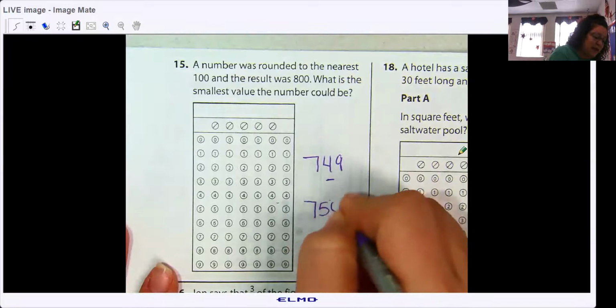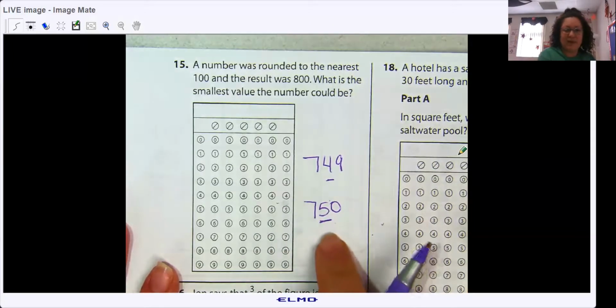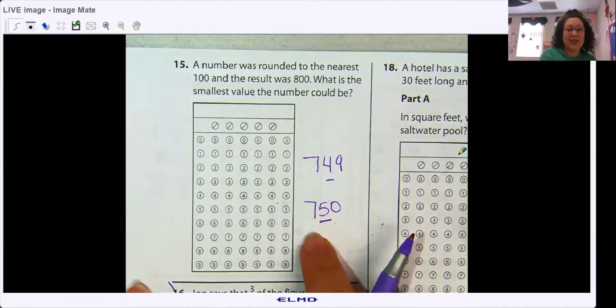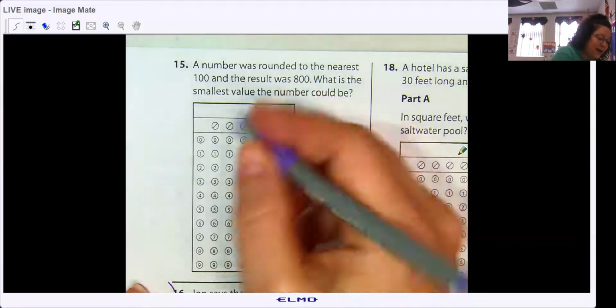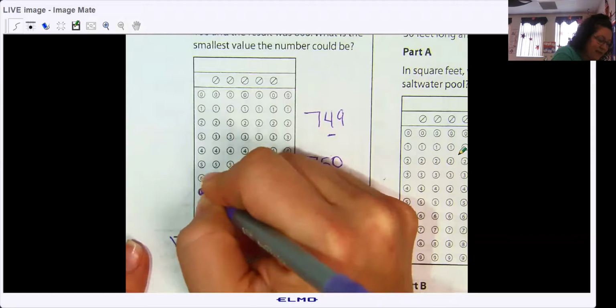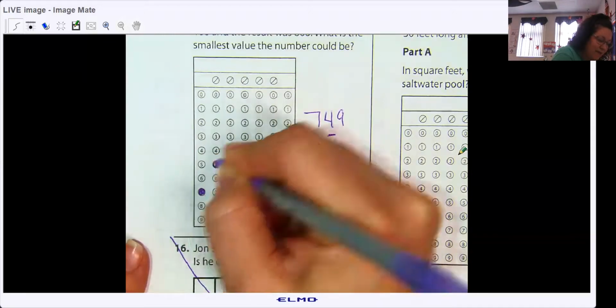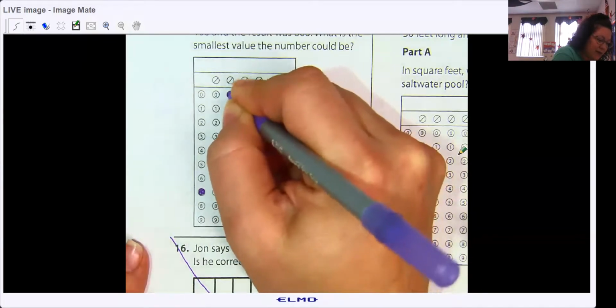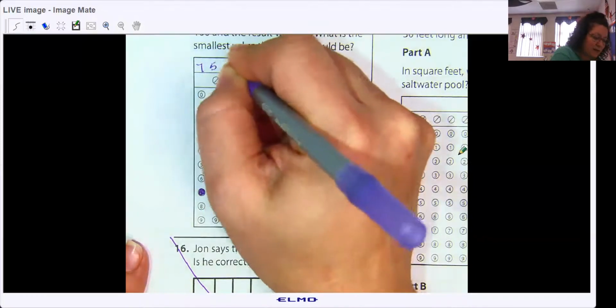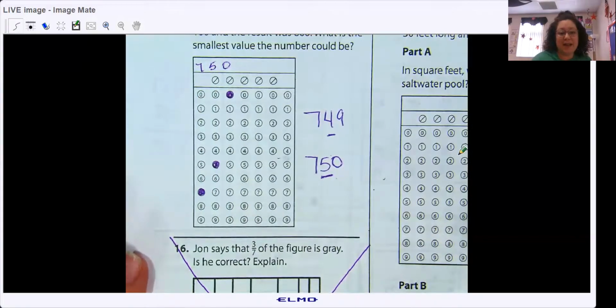Would it be 750? 5, 6, 7, 8, 9, climb the vine. That would round up to 800. So our answer would be 750. Okay, did that make sense? What's the smallest value?